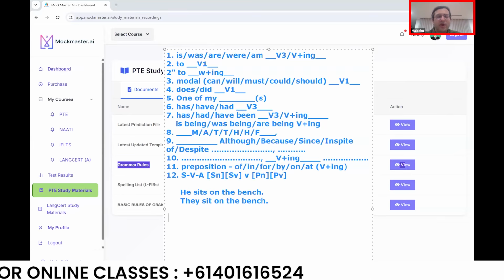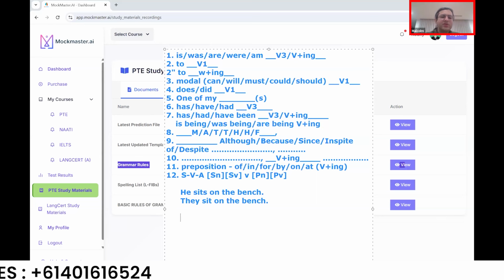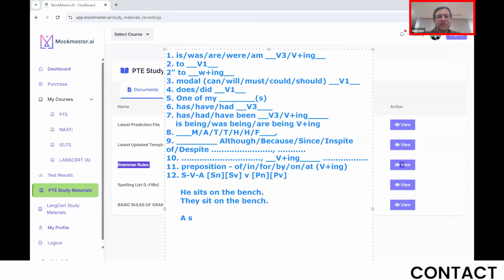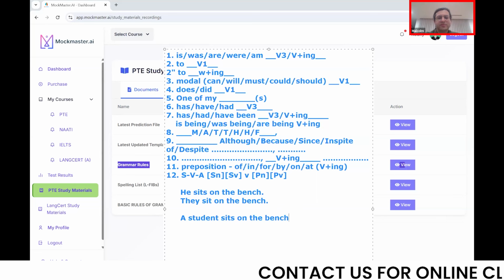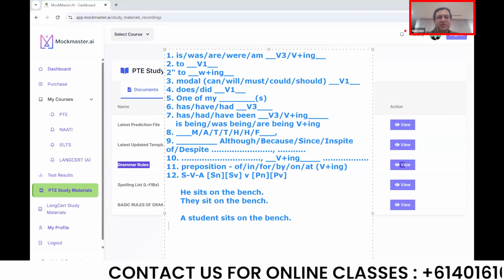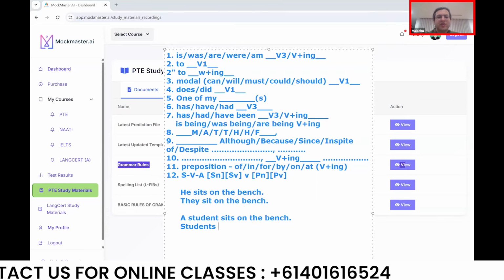So for a noun and a pronoun, noun and verb pair, it is very easy to understand. A student sits on the bench. Students sit on the bench.